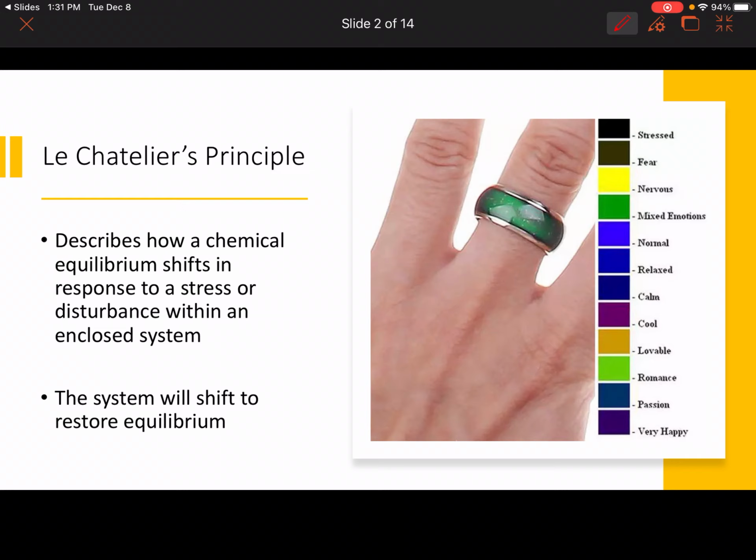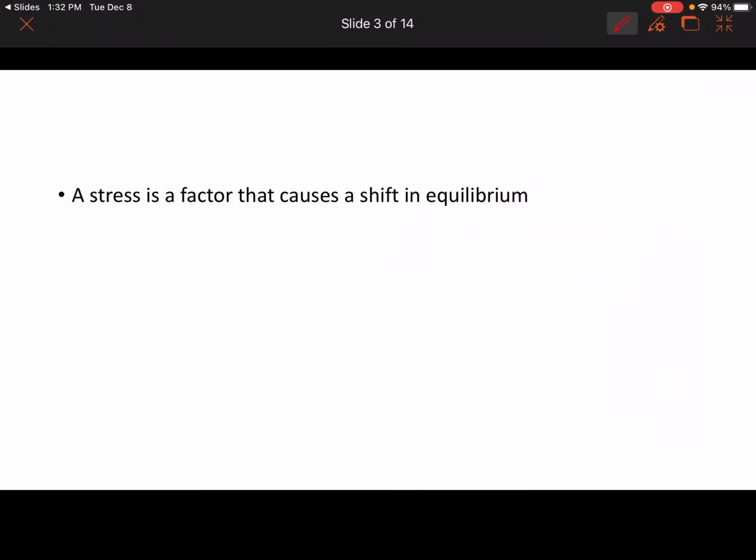Some of you will know, yeah, it's temperature. So as we have shifts in temperature, we get different colors showing up. So the system is at equilibrium. When you put the ring on your finger, it's going to heat up, and that's going to shift the equilibrium. We'll do examples that will show how this works.